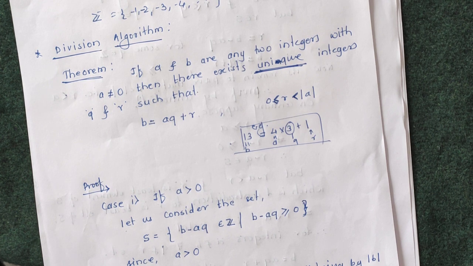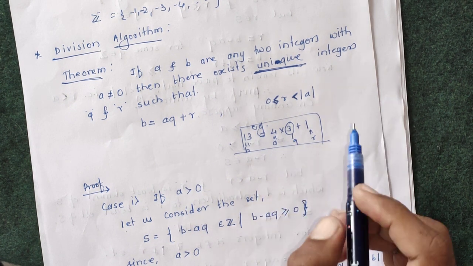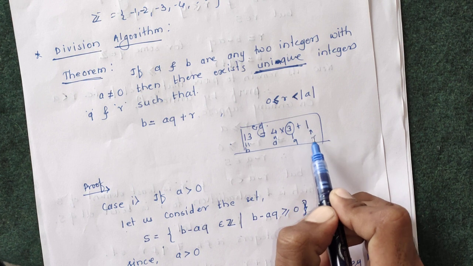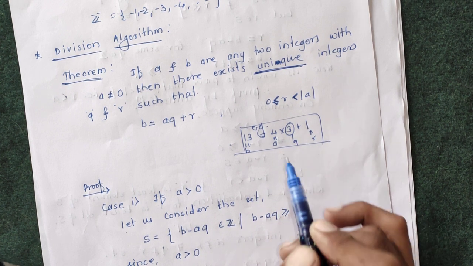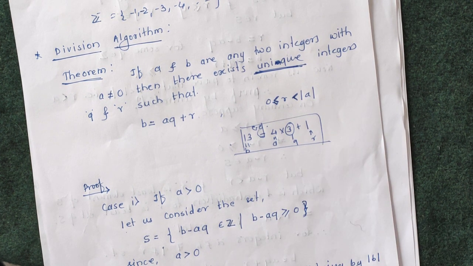For example, if 13 is divided by 4, then we get 13 is equal to 4 into 3 plus 1. Here 3 is the quotient and 1 is the remainder in this division.